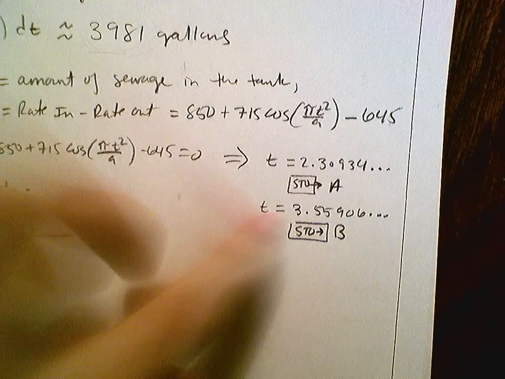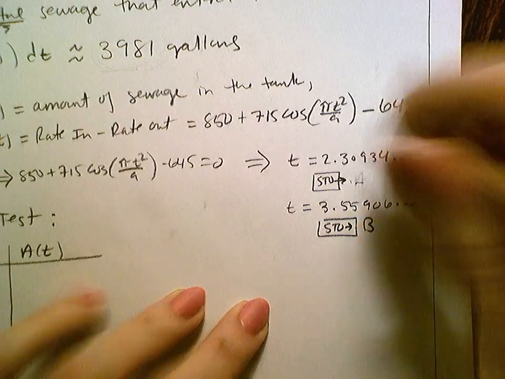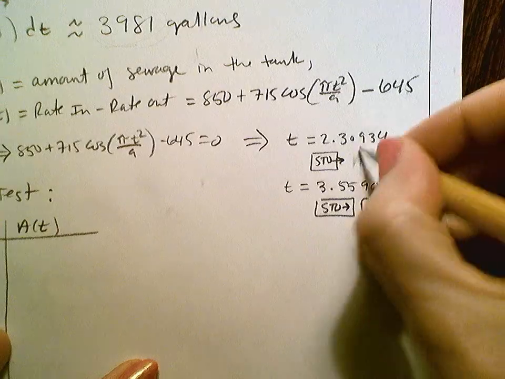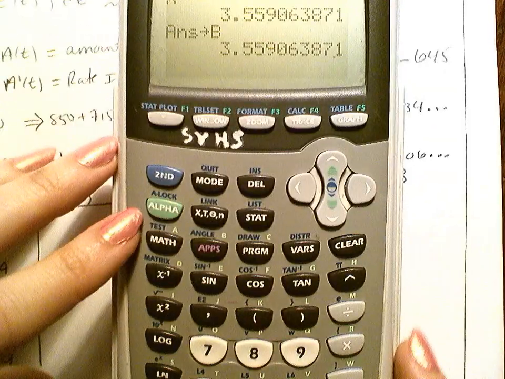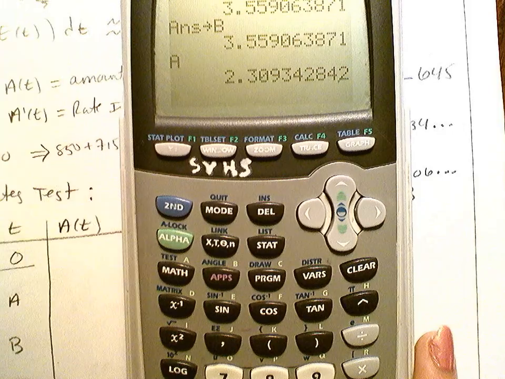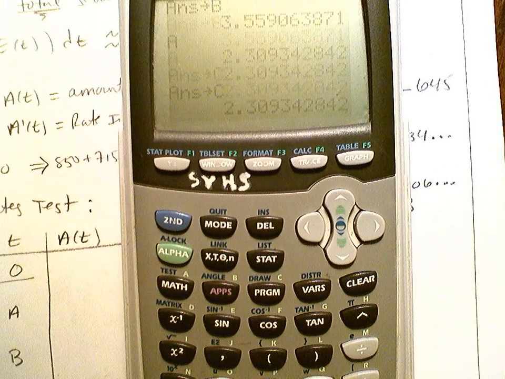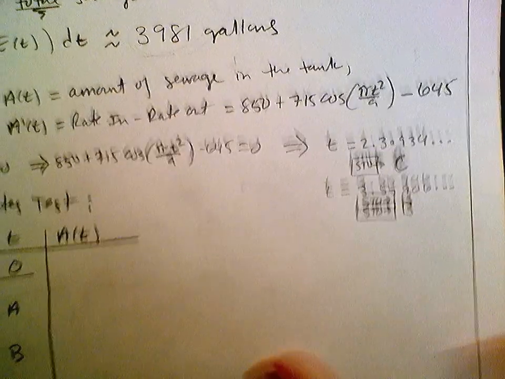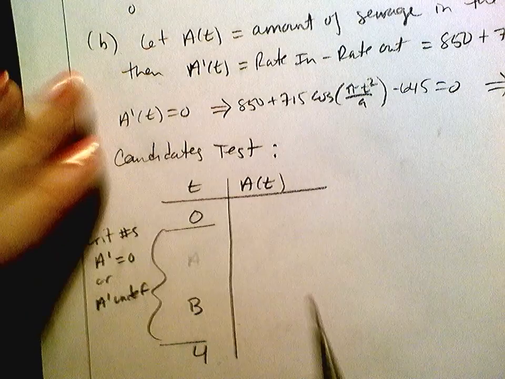Let me do this as C, because I already used A. All right, so to fix it, I'll just hit A again, hit enter, there it is, and then I'll store that as C. Okay, so C. It's out of alphabetical order, but.